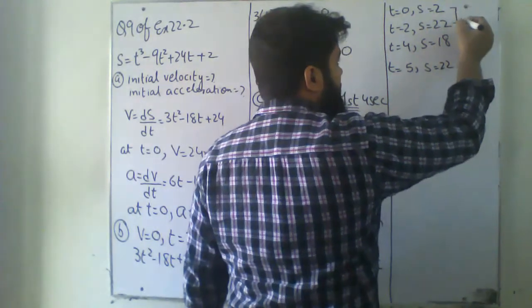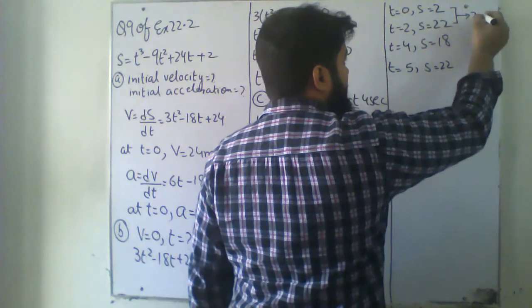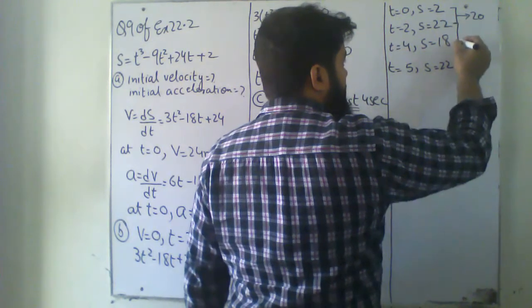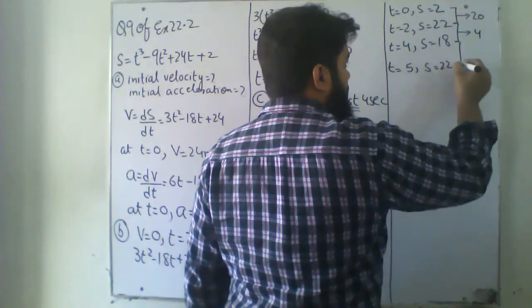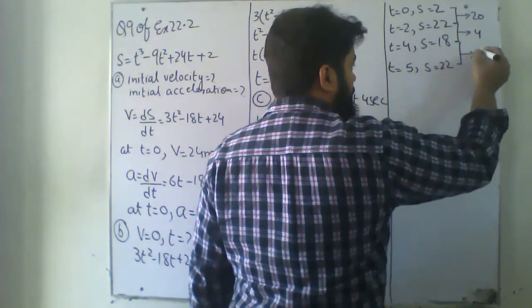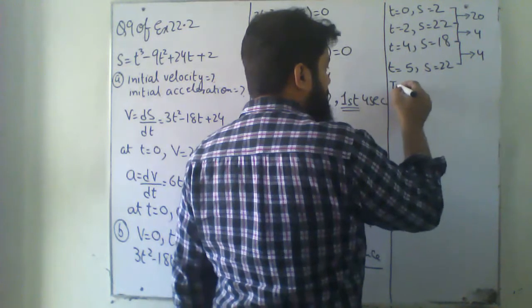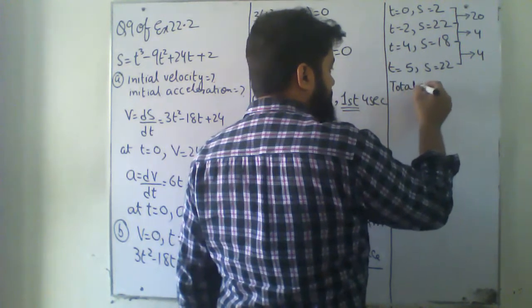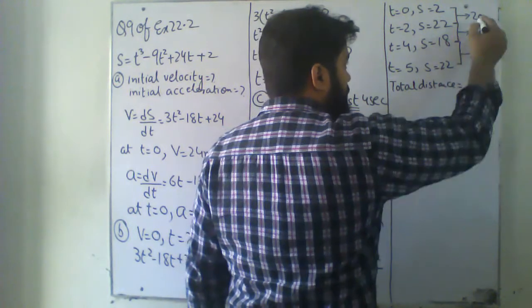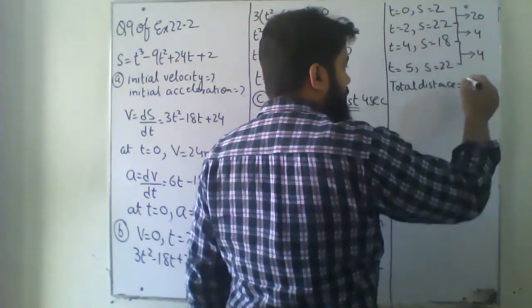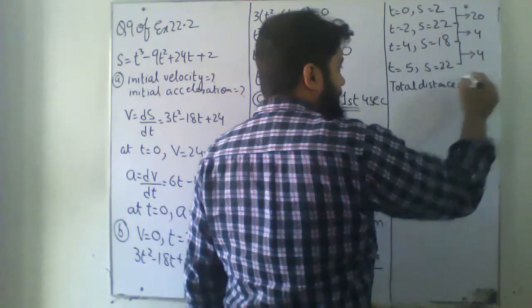So the difference between the first two will be 20. Difference between the next two will be 4. And the difference between the last two is again 4. So total distance will be 20 plus 4 plus 4, which is 28.